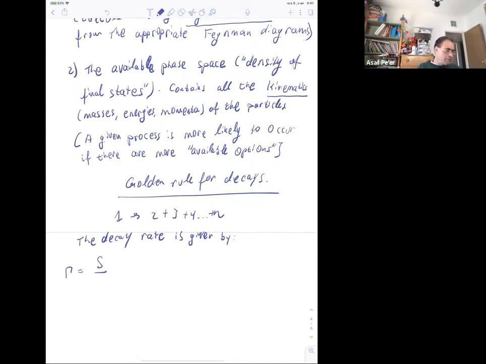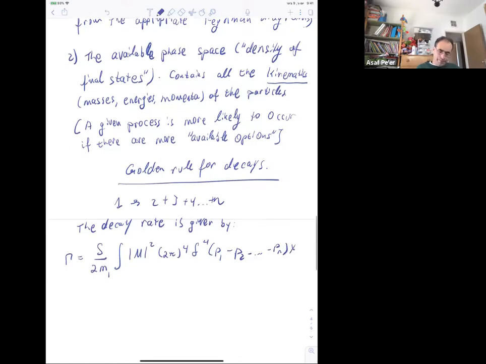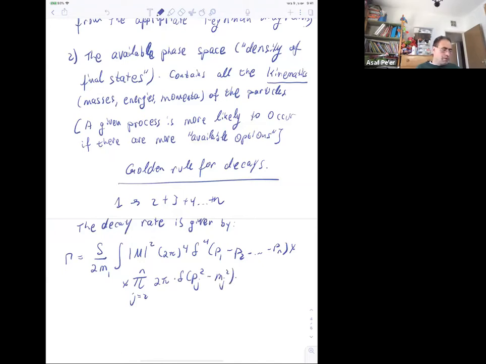Gamma is capital S over 2 m1. Then we have integral over |M| squared, and then (2 pi)^4 delta of P1 minus P2 minus Pn times the product from j equal to 2 to n of 2 pi times delta of Pj squared minus Mj squared times theta of Ej times d^4 Pj divided by (2 pi)^4.